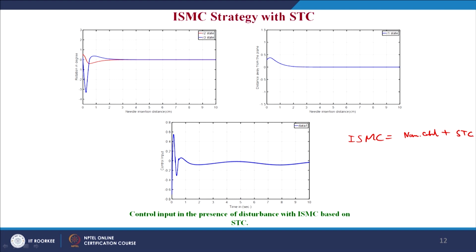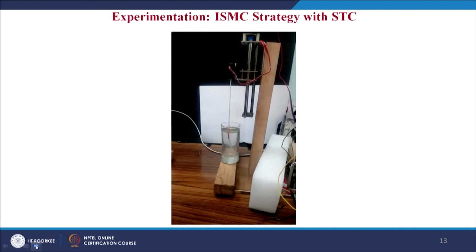Replacing the discontinuous part of the integral sliding mode control with the super twisting mode control gives finite time convergence of the state variables and a chattering free control input, which is desirable in the clinical scenario. And the experimentation is shown here.